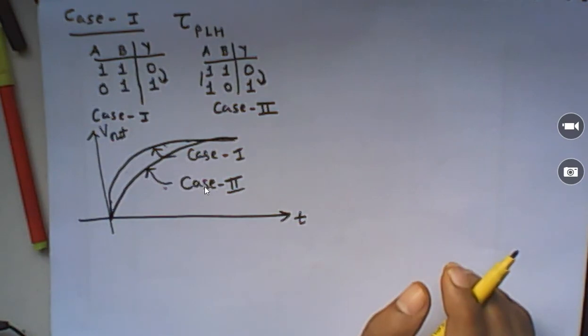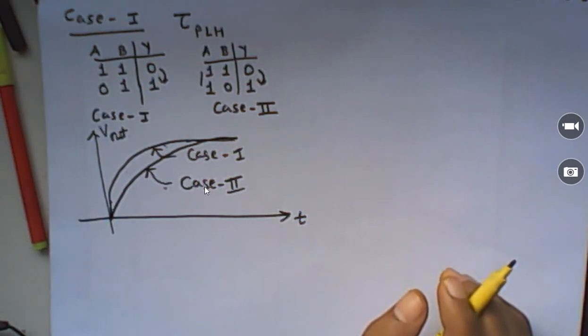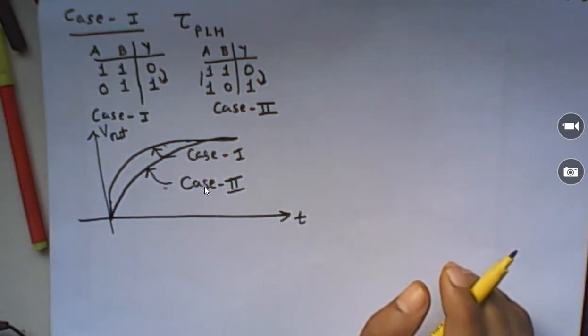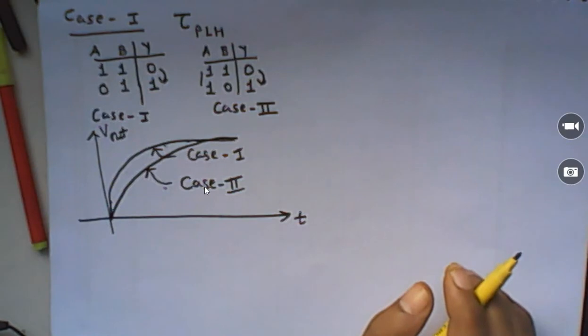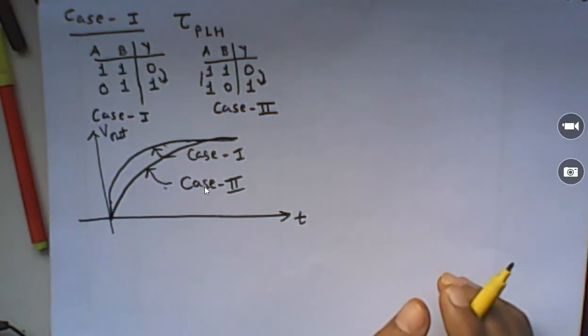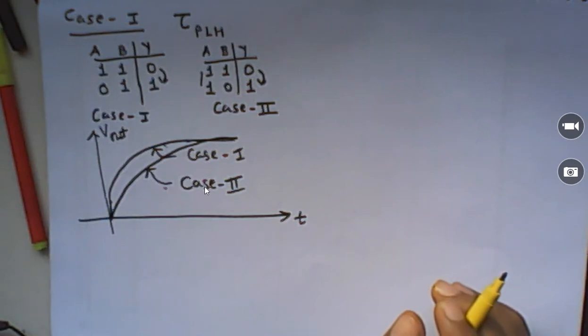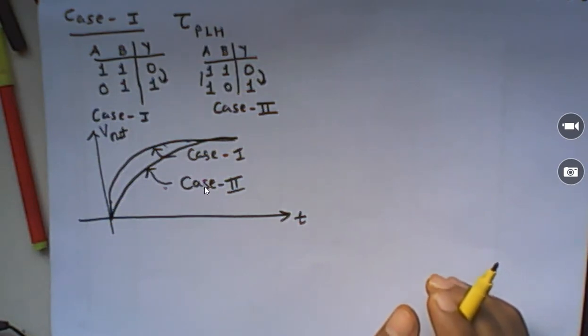So, as a generalized statement for NAND gate transient analysis, the MOSFET connected nearer to the output has the lowest propagation delay time, and the MOSFET connected near to ground has the maximum propagation delay time from input to output. So that's about the NAND gate transient analysis.